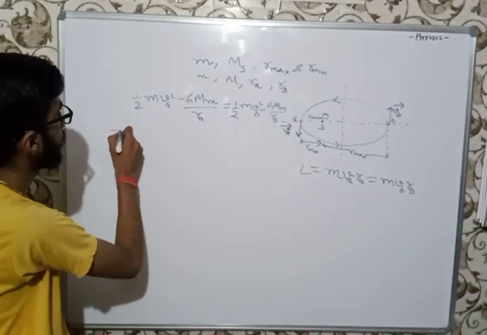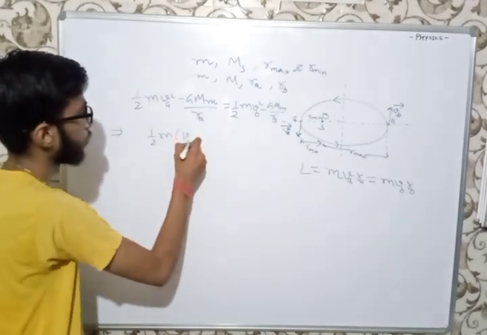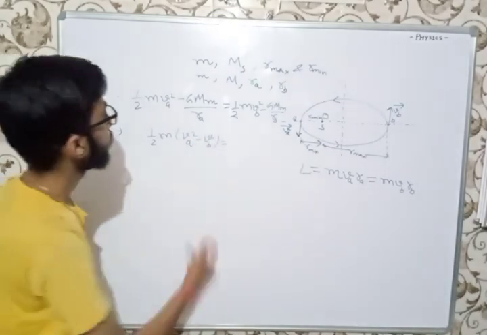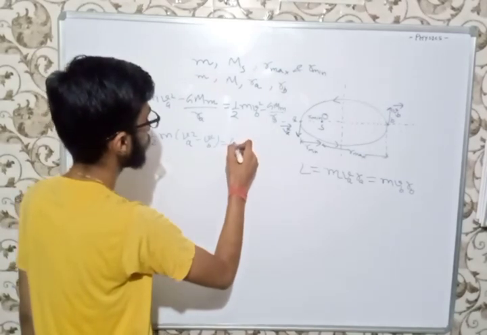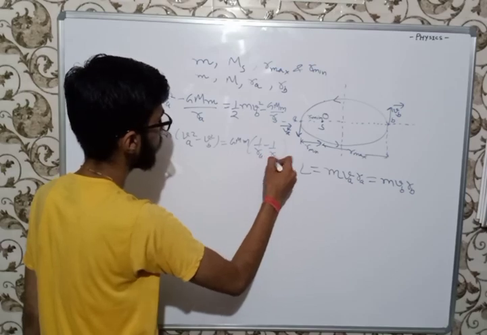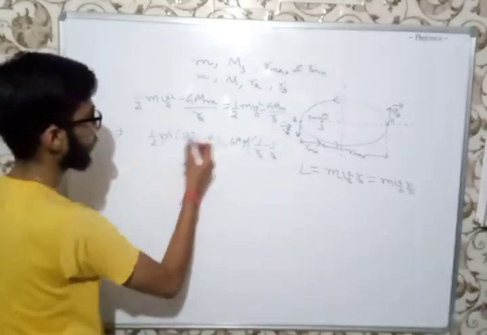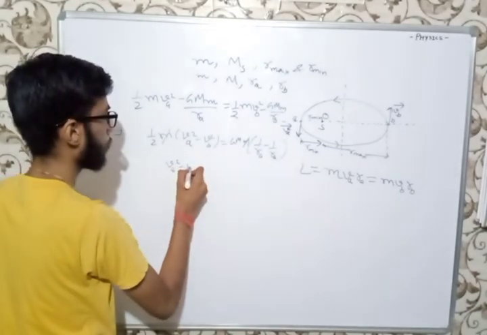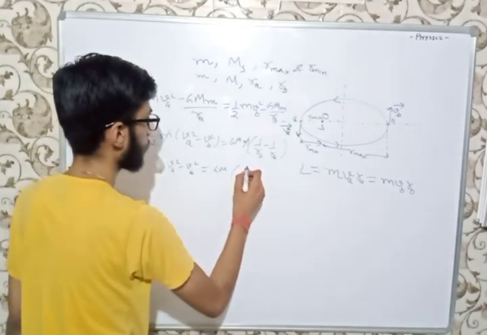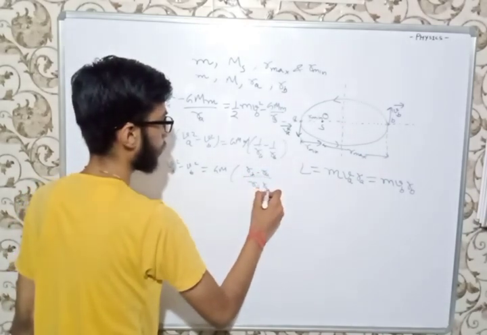Just simplify it: half m times V_A square minus V_B square equals G M m times 1 upon R_A minus 1 upon R_B. The m will cancel, and I can write V_A square minus V_B square equal to G M times R_B minus R_A upon R_B.